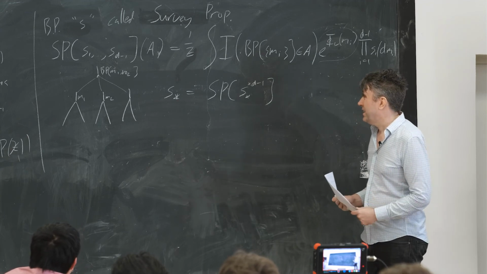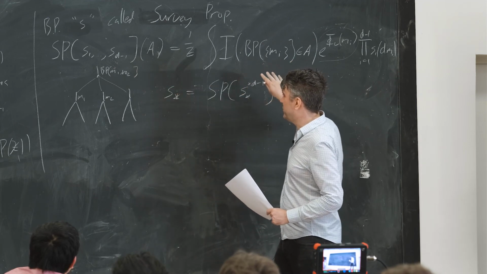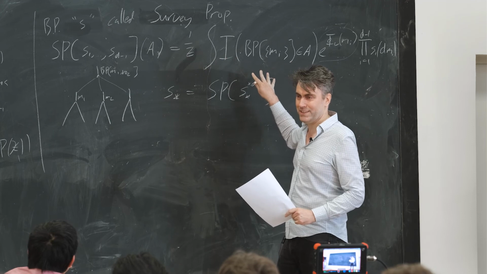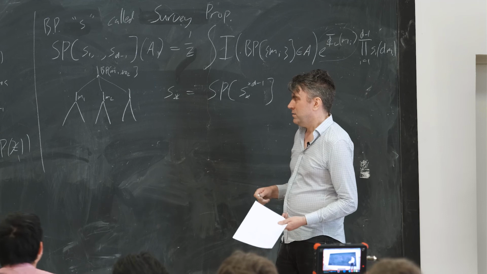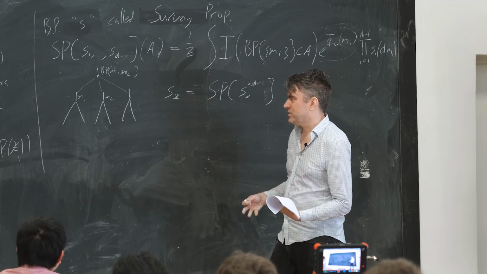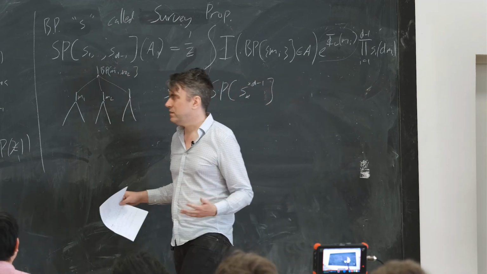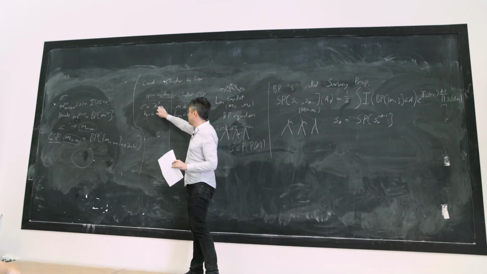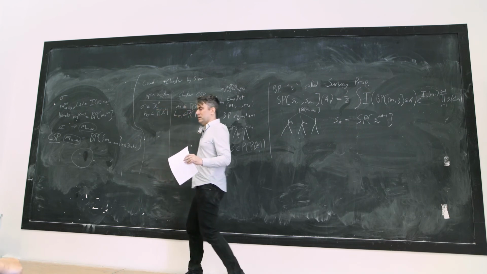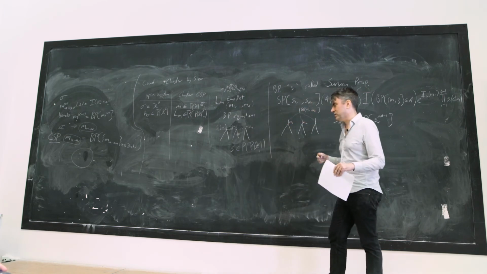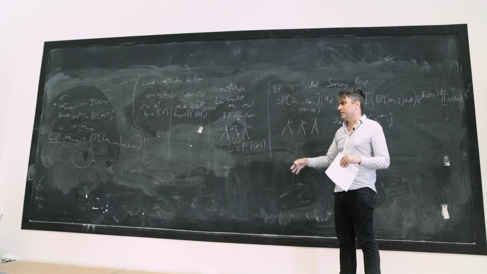Now, by the way, the survey propagation equation looks more complicated than the belief propagation one. And that's because when we were looking at belief propagation, these M's were measures over a finite set, so we can just think of them as vectors. So belief propagation was an equation that takes a set of vectors and gives you a vector out.